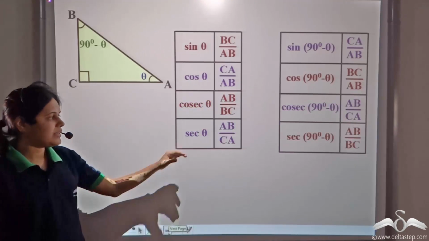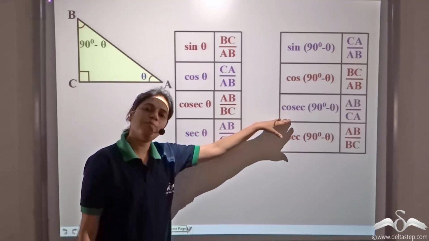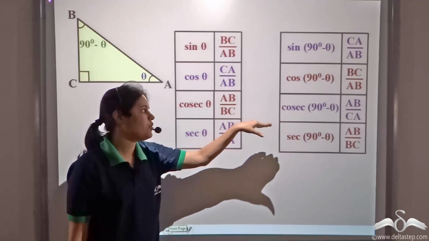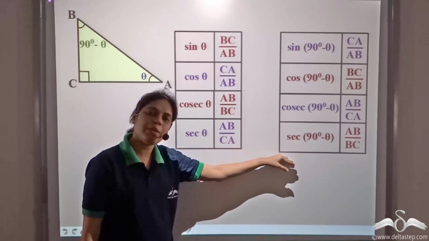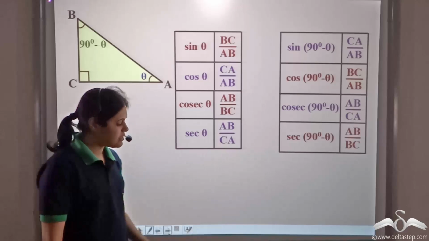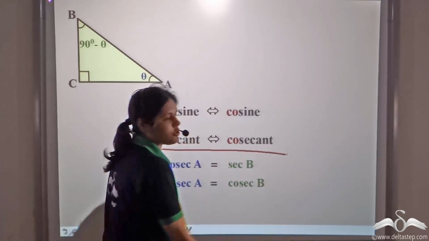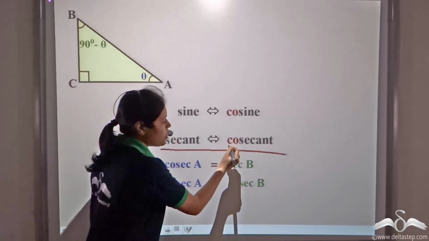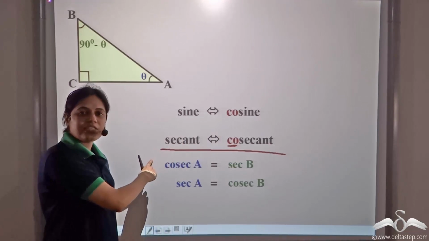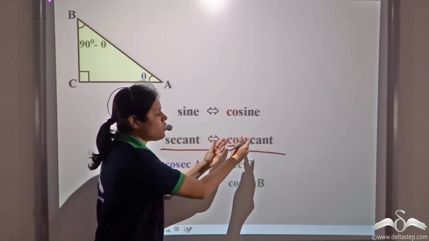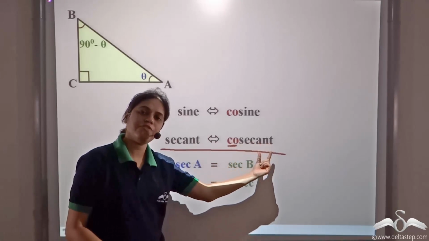Or we can say that sec of an angle is equal to cosec of the complementary angle, or cosec of an angle is equal to the sec of the complementary angle. That is, secant and cosecant are complementary ratios. So that is where the name comes from. Co stands for complementary. So this is the complementary of secant.